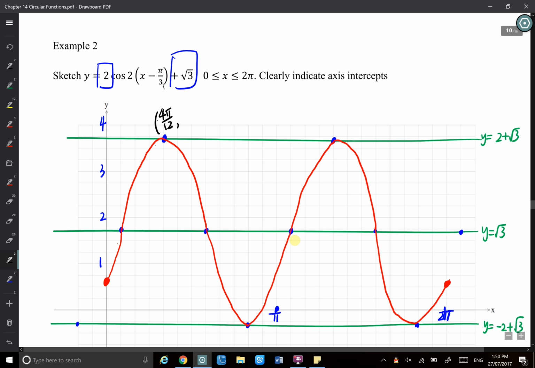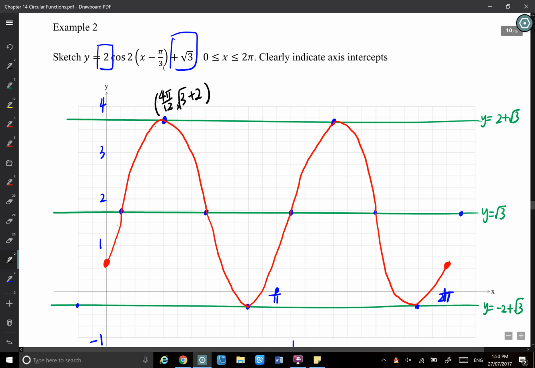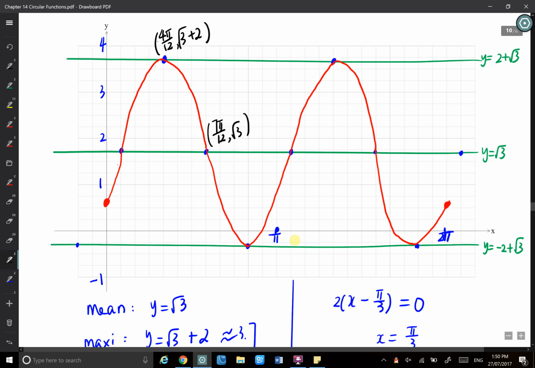Max. So the maximum is 3 root 3 plus 2. And you need to add 3 each time. So that's 7 pi on 12, root 3. And that will be 10 pi on 12, root 3 minus 2. Here will be 13 pi on 12, root 3.